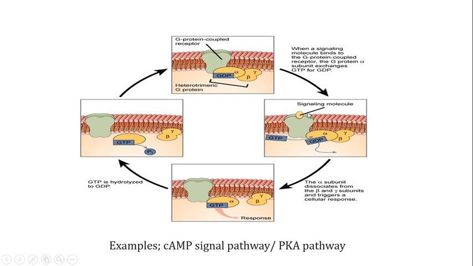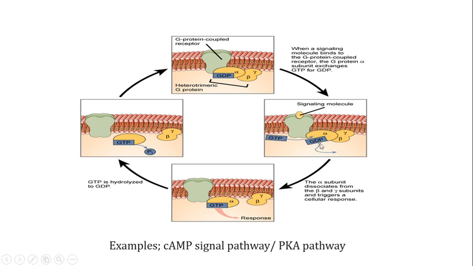But when the signaling molecule comes, it binds to it. The GDP of the alpha subunit, you can see over here, that is removed, and the GTP molecule is going to bind to the alpha subunit. So the binding of the signaling molecule is actually changing the conformation of the heterotrimeric G protein. Now to the alpha subunit, a GTP molecule is attached and the GDP molecule has gone.